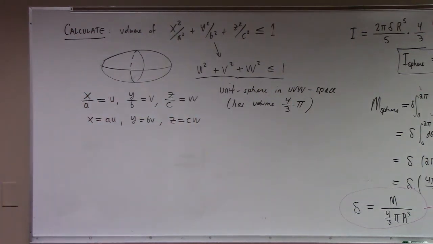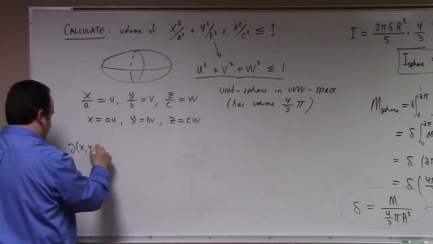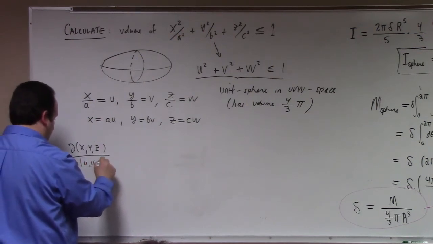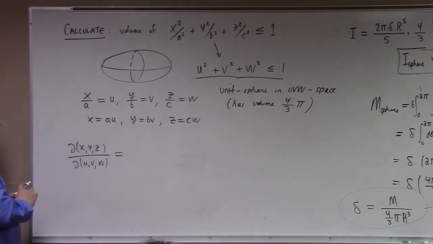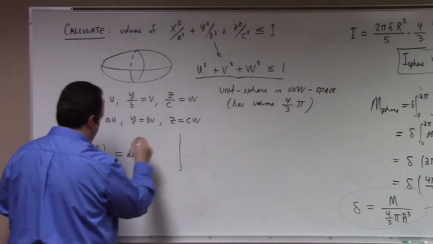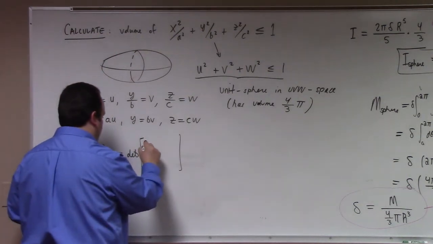And so we can calculate our Jacobian, partial x, y, z, partial u, v, w. What's that? Partial derivative of x with respect to u is what? a. What's the partial derivative of y with respect to u?